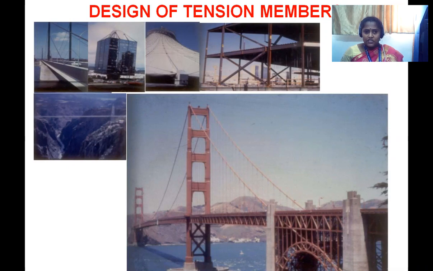For a major obstacle, bridge or any construction, you can go for steel structures which can withstand, right? For a longer structure, longer beam element, you go for additional cables, suspension cables for bridges. And such suspension cables, we call tension members.